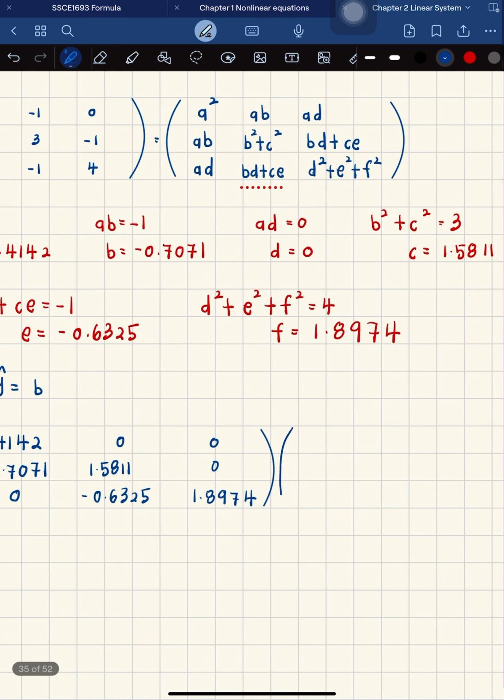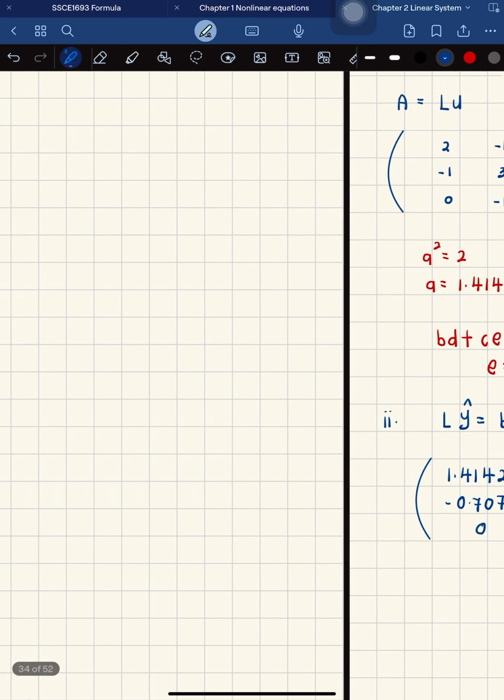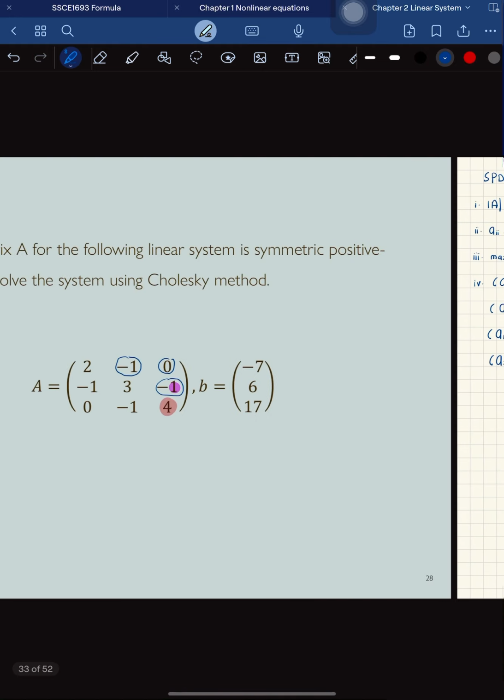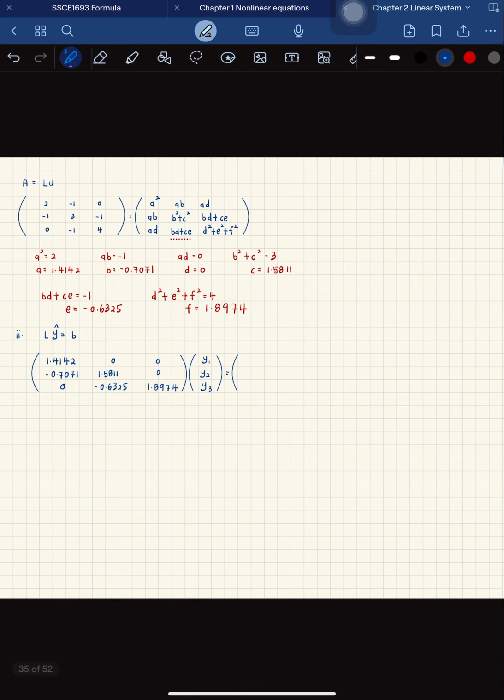Then Y, Y1, Y2, Y3 equal to B, which is negative 7, 6, 17.